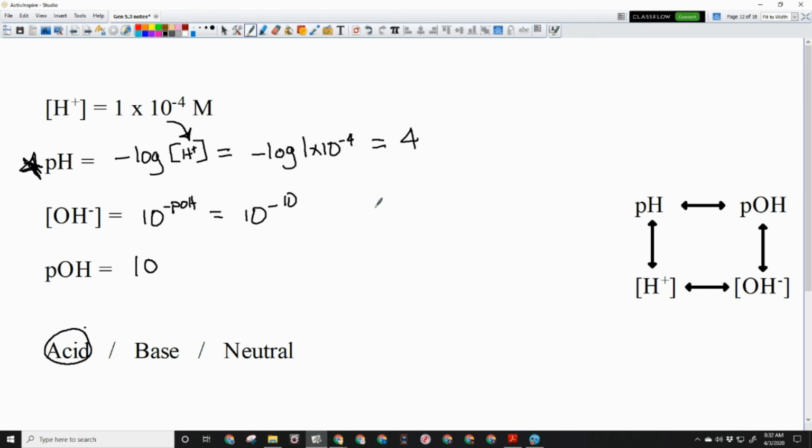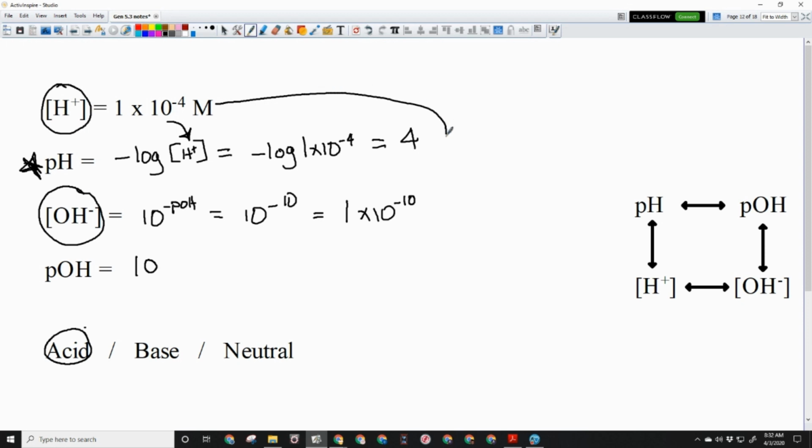So our concentration of our hydroxide ion is 1 times 10 to the negative 10. Now look at this. Hydroxide ion times the hydrogen ion is going to give us 1 times 10 to the negative 14.